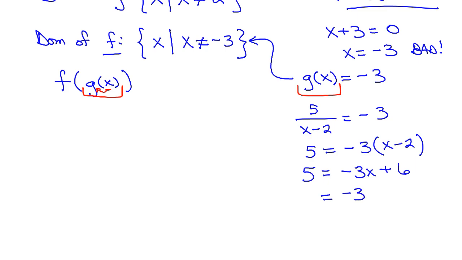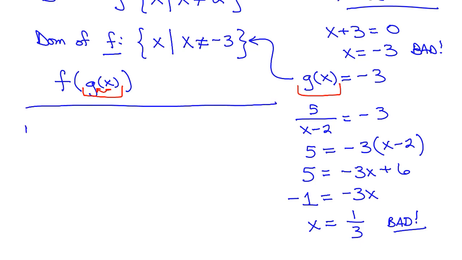So move the 6 over, we get negative 1. So negative 1 equals negative 3x. Divide both sides by negative 3 and you get x is equal to 1/3. And now 1/3 is really the bad value for x in this case.